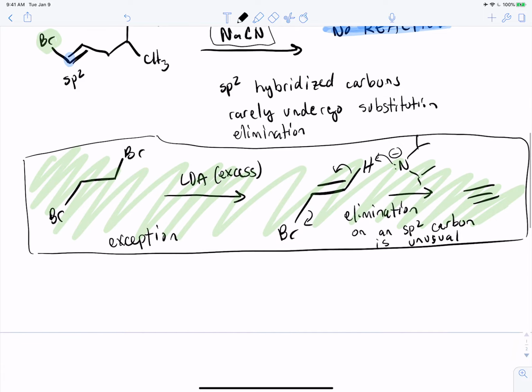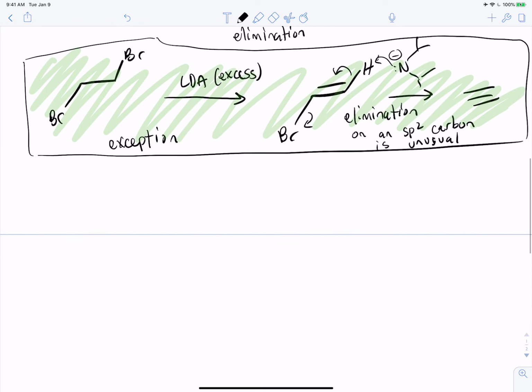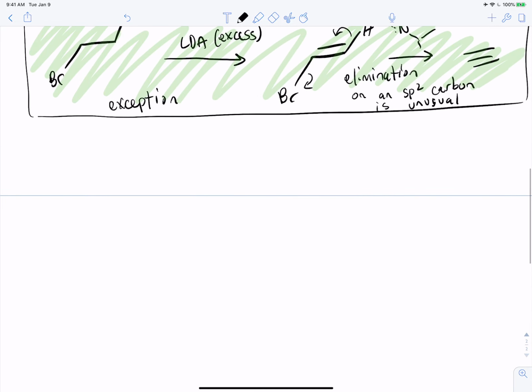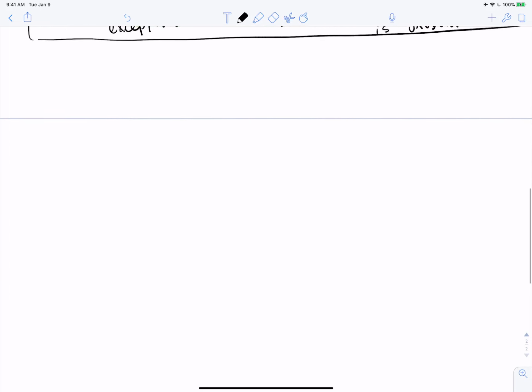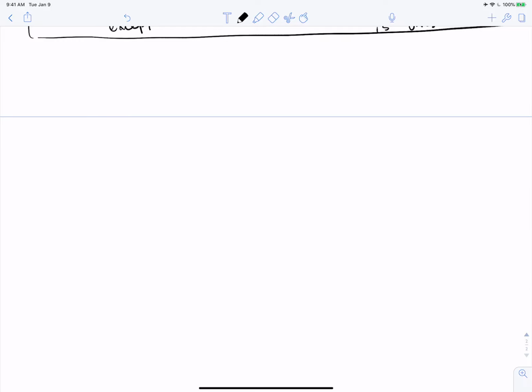So I guess what I'm saying, for this exam, just assume that anything attached to an sp2 doesn't go through elimination or substitution, even though we do see it in one of the reactions we know. That's the only time that happens. Okay, let's move on to the next example.